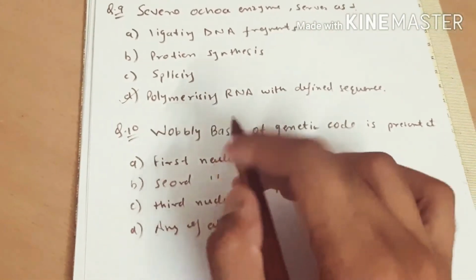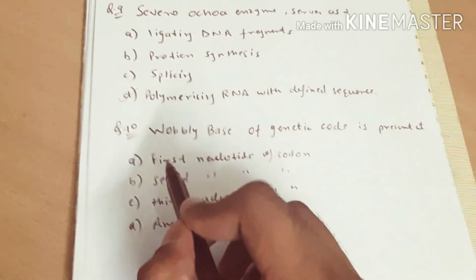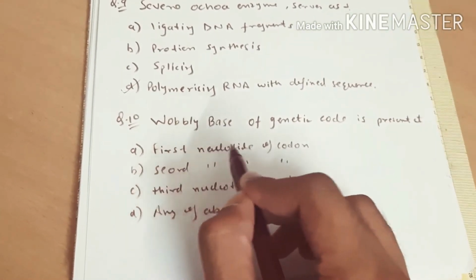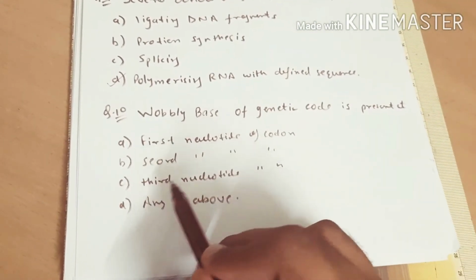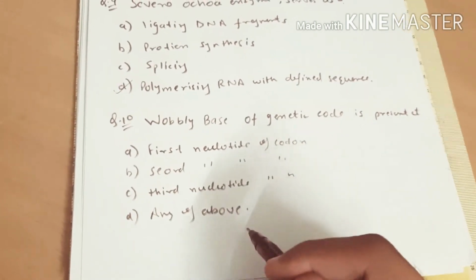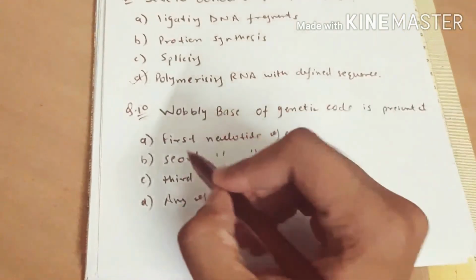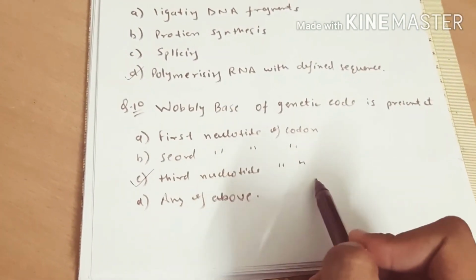Question number 10 says, wobble base of genetic code is present at. Options are first nucleotide of codon, second nucleotide of codon, third nucleotide of codon, or any of the above. Here the answer is option C, which is third nucleotide of codon.